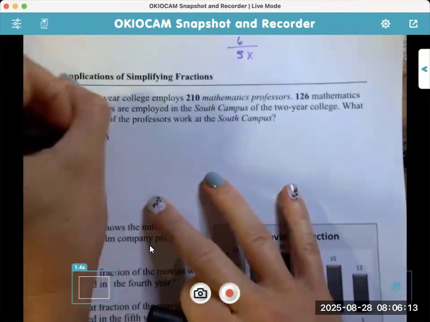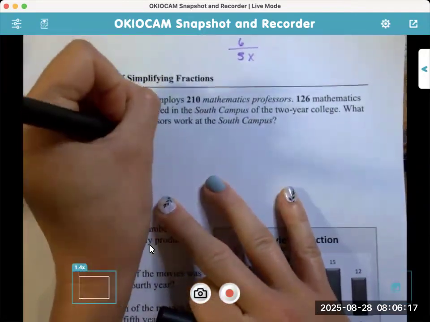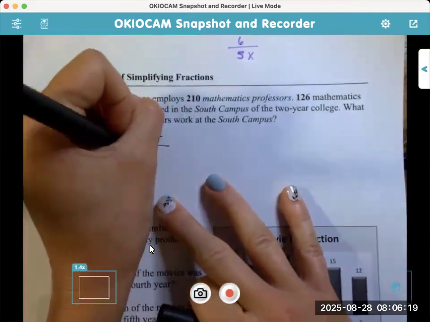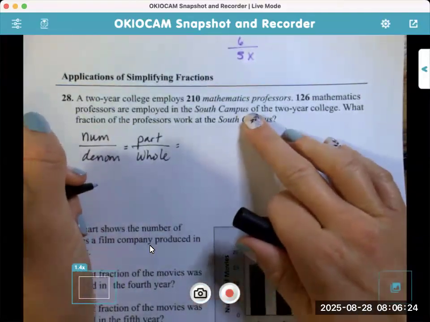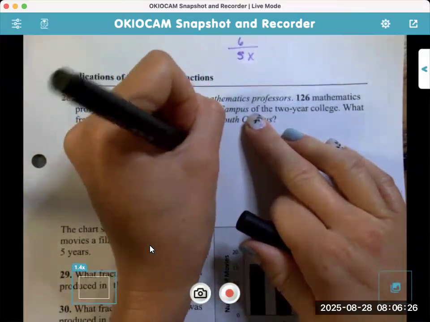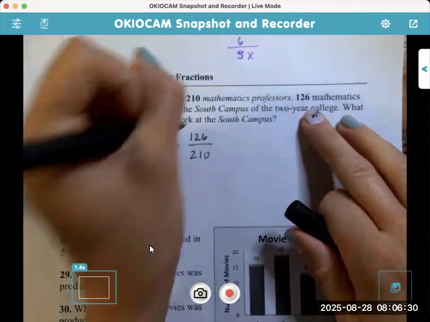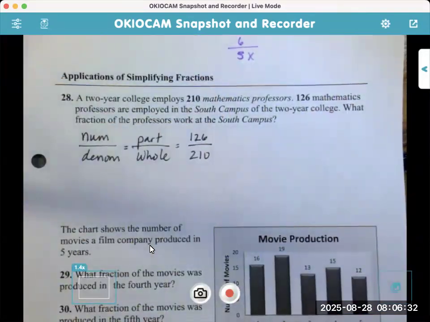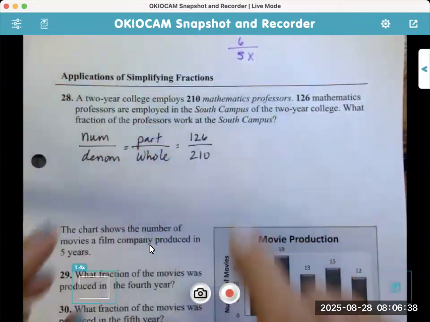Numerator over denominator. It is just part over a whole. So the total we employ is 210. We're told the South Campus is 126.